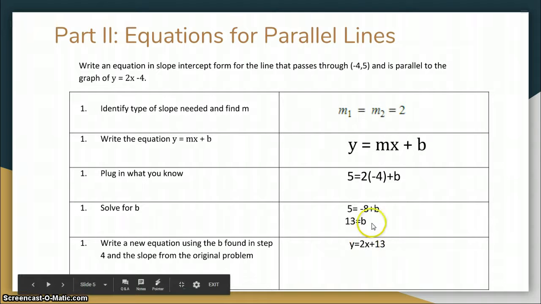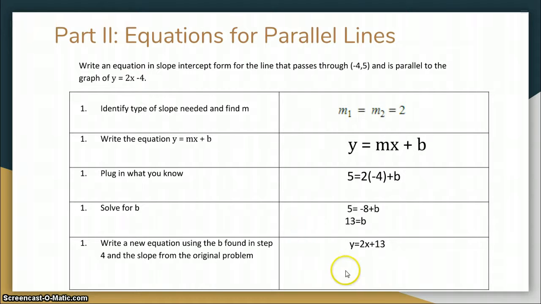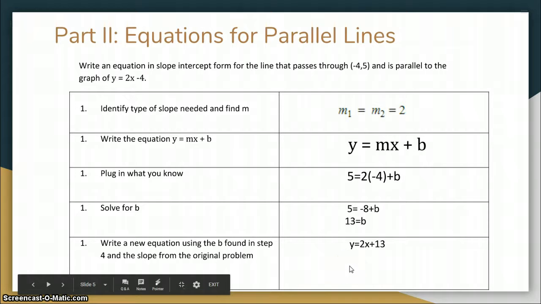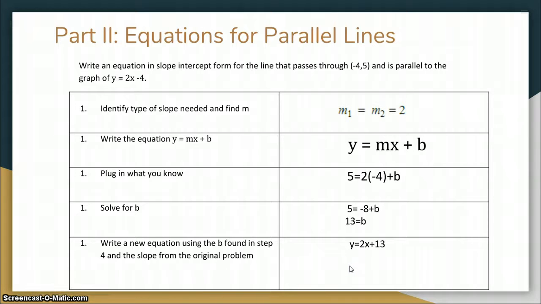I found a line that goes through (-4, 5), and I can always plug in x and y to check that, to make sure it comes out as a true statement. And then the slope is 2, the slope is 2. They're parallel. I've done what I was asked to do. Honestly, I think of all the things that we've done thus far, this will be one of the easiest, but don't worry, I've got hard stuff coming later.